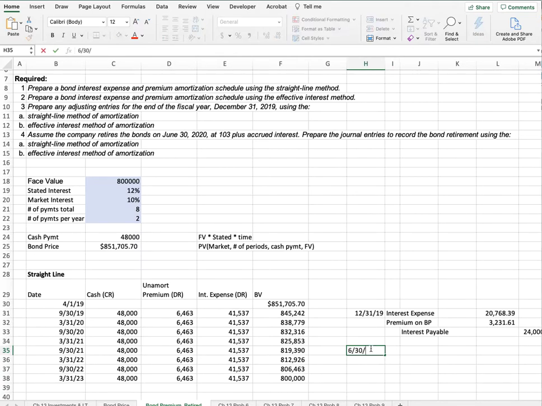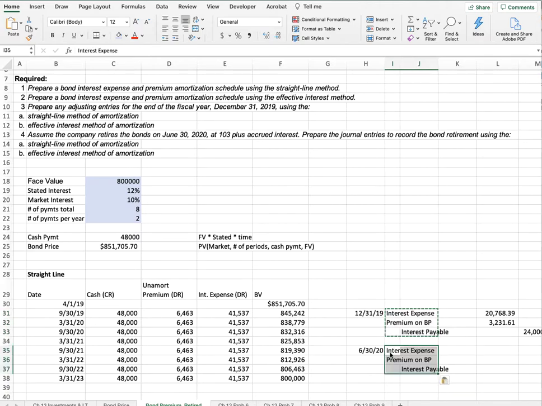We have 6/30/2020. And first we'll deal with that accrued interest. And so we'll have these same 3 accounts: interest expense, premium on our payable, and the interest payable. And this time we're looking at the 9/30, but again, they gave us exactly half because we're in June, so we have to account for July, August, and September.